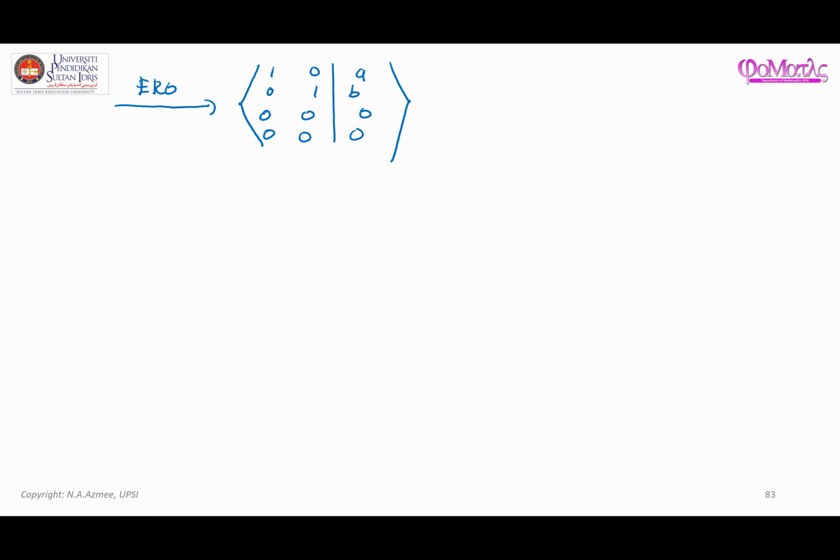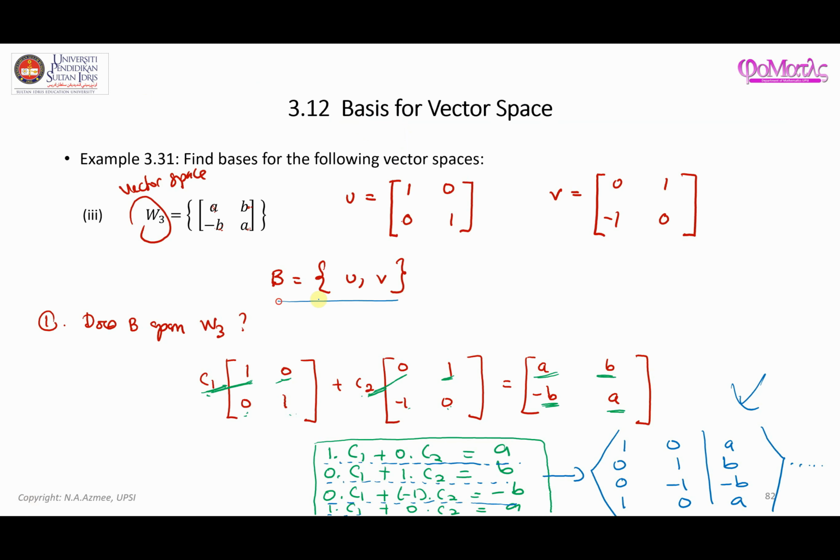And therefore, you can clearly see that the value of C2 is B, the value of C1 is A. And following the same argument as in the first example, we can clearly demonstrate that B here spans W3. Okay, so that's the first one.